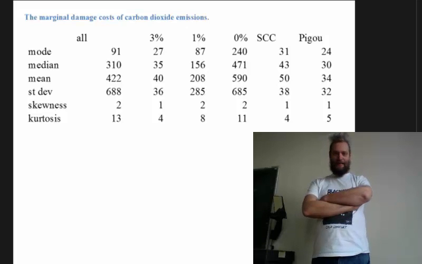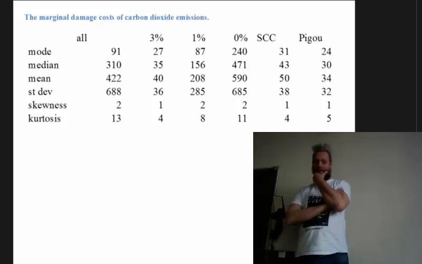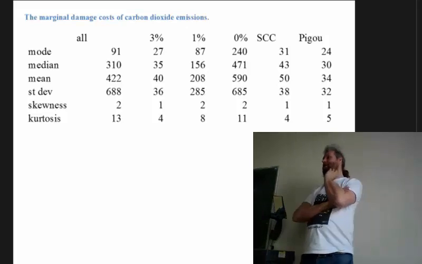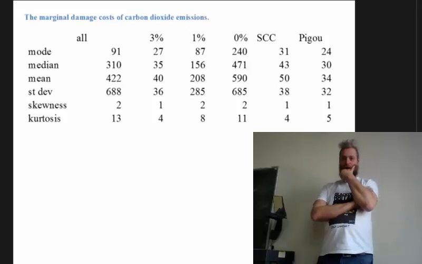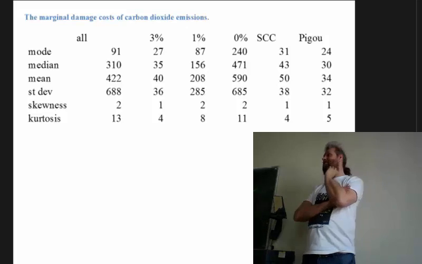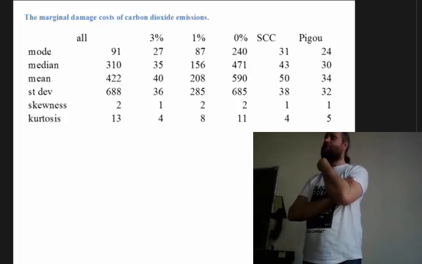There's two transformations there, which is roughly equal to the price of emission permits in the European market. So by happenstance, the current price of greenhouse gas emissions in Europe is equal to what Pigou said it should be.